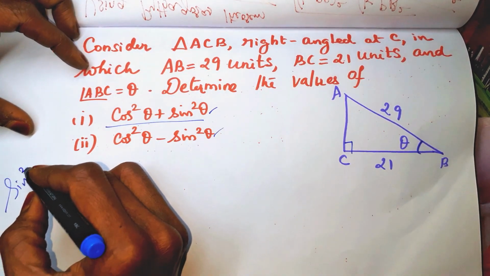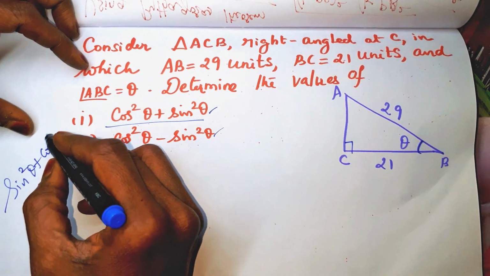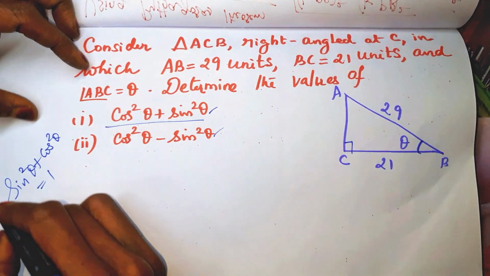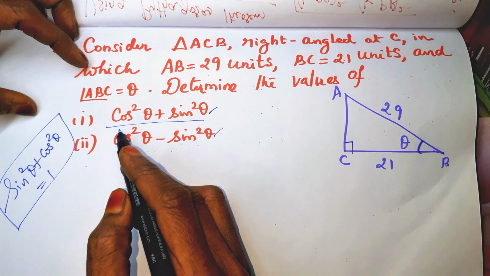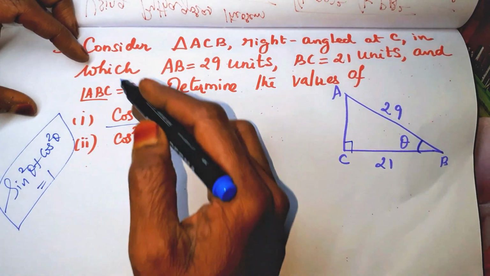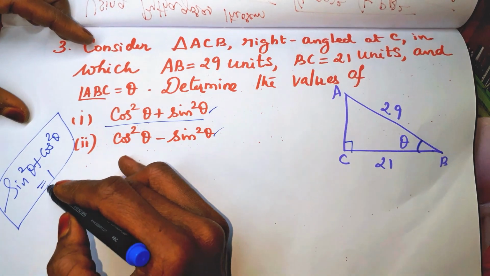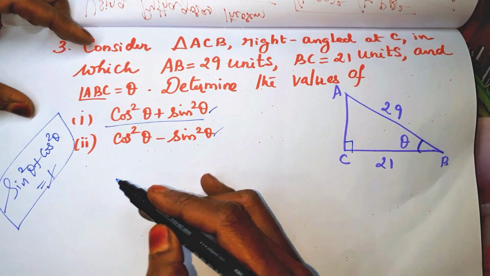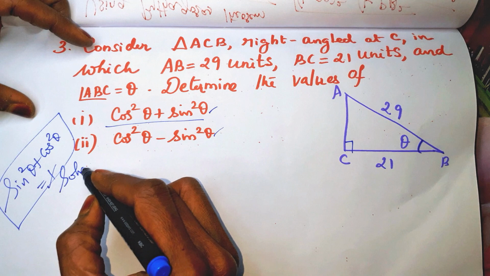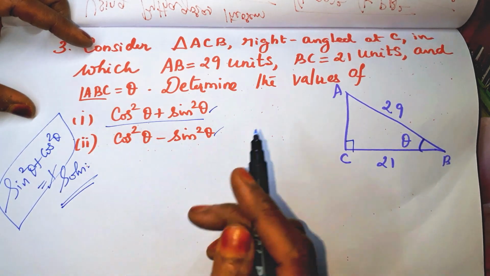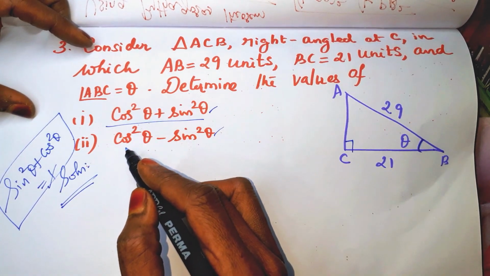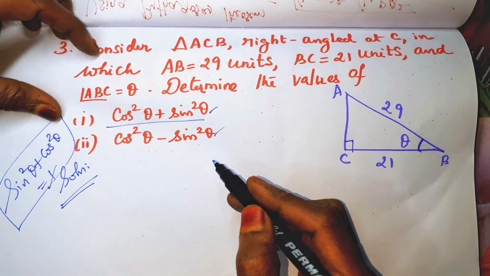Already we know that sine squared plus cos squared is always 1, but here we are not going to give that 1 directly. From the given values we have to find it, and we may check whether we get this answer or not. So using the given values, first we have to find cos squared plus sine squared, and then cos squared minus sine squared.